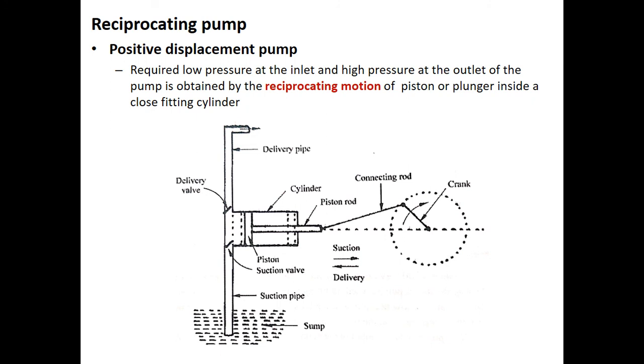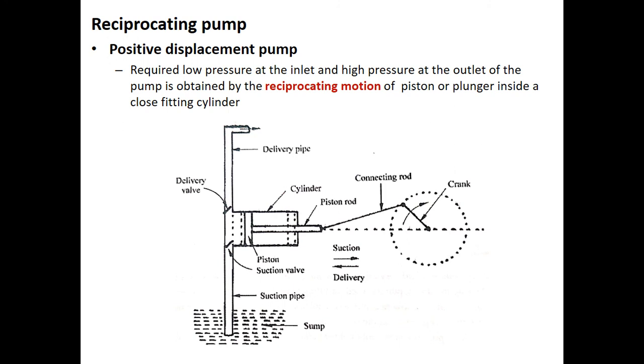The reciprocating pump is a positive displacement pump. Why? Because of the required low pressure at the inlet and required high pressure at the outlet of the pump. That is one of the requirements of a pump.